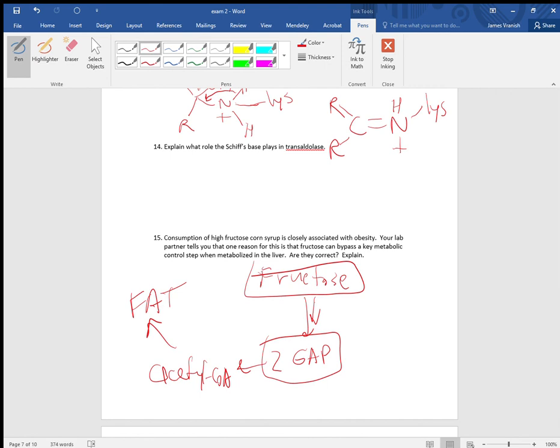So this is part of the reason why you see a lot of dietitians and nutritionists really kind of blasting high fructose corn syrup, because even if you were to consume the same amount of glucose, that would actually be better for you, because glucose can be regulated, so the production of acetyl-CoA is going to be lessened. You're going to tend to become less obese consuming high levels of glucose as opposed to high levels of fructose.